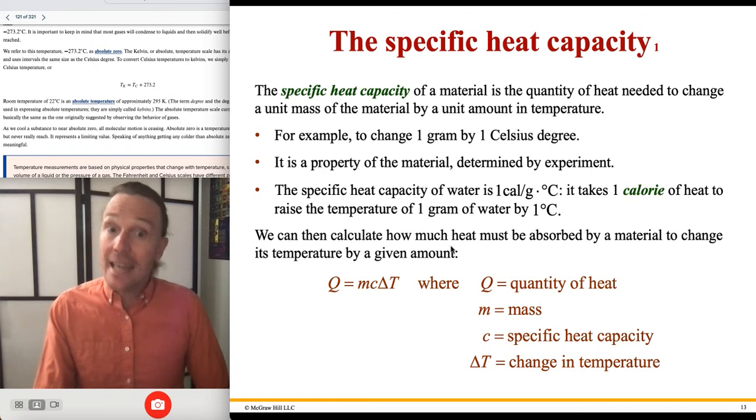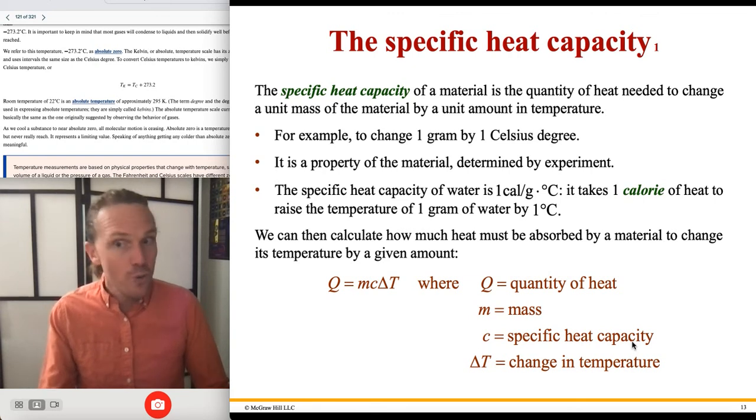We can then calculate how much heat must be absorbed by a material to change its temperature by a given amount, okay? So we take mass, specific heat capacity, that's that letter c, okay? Remember c here stands for specific heat capacity. It's just a new constant specific to the material, it's our new thing, okay? But in the formula, Q is the quantity of heat, all right?